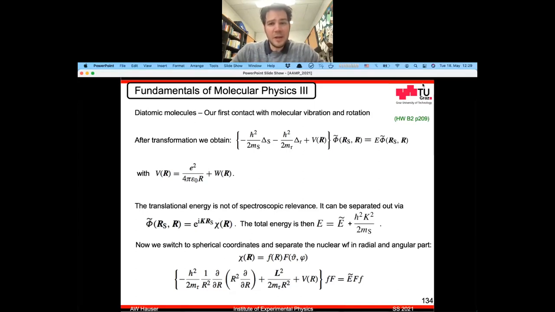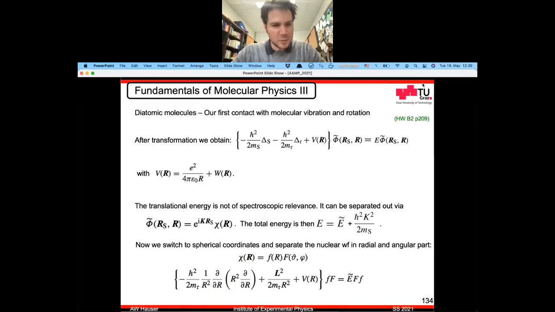Because the potential V is only a function of R and not of Rs. So it's a simple second order differential equation, which we can solve by twofold integration. So we end up with the usual result, an exponential function.